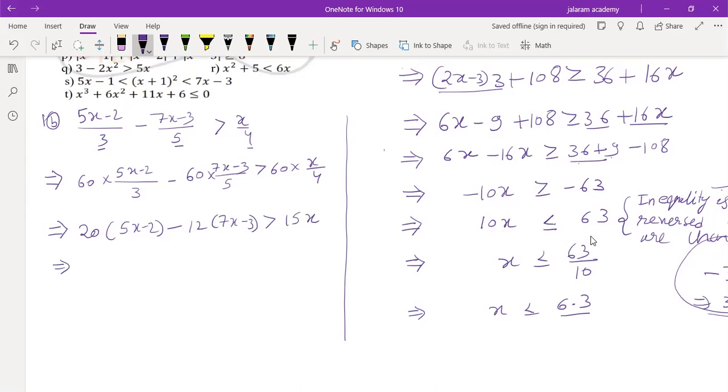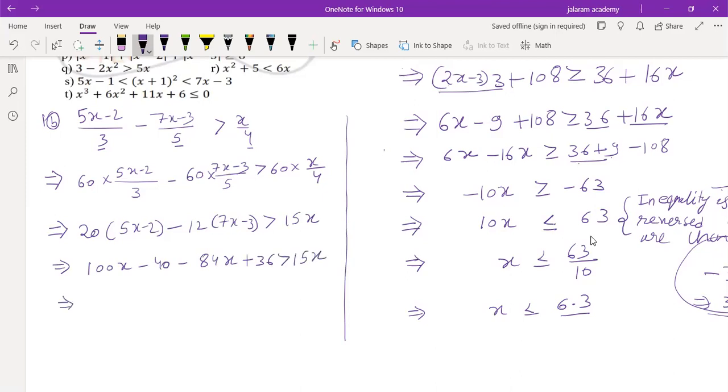Now open the bracket. 20 fives are 100x minus 20 twos are 40 minus 12 sevens are 84x plus 12 threes are 36 is greater than 15x.